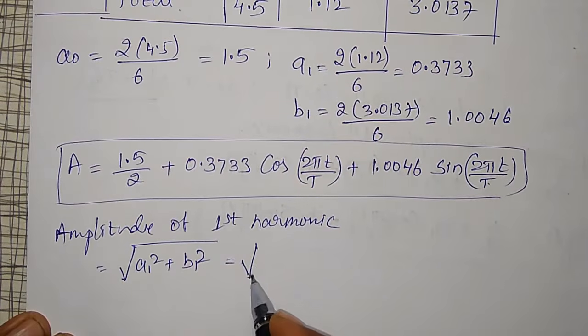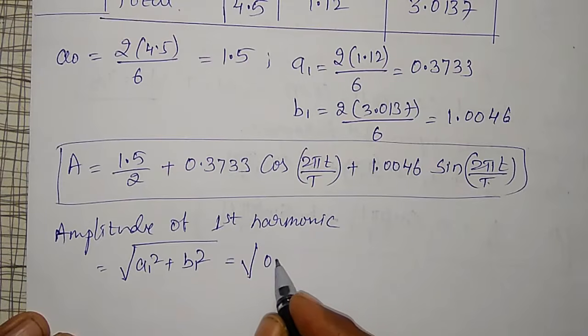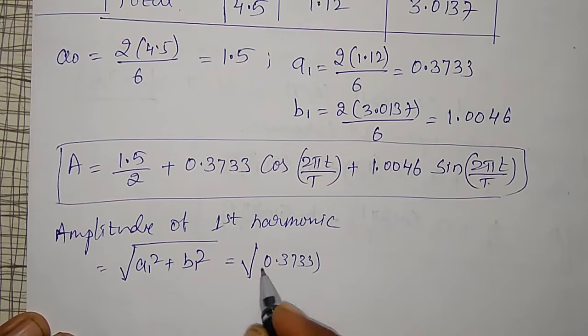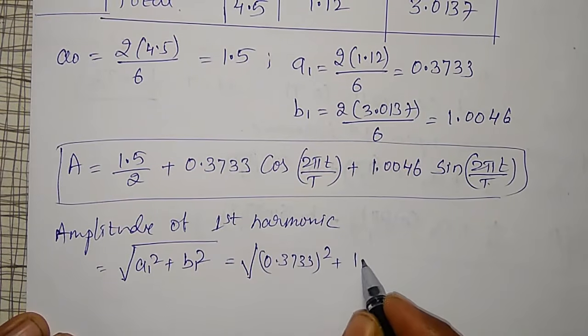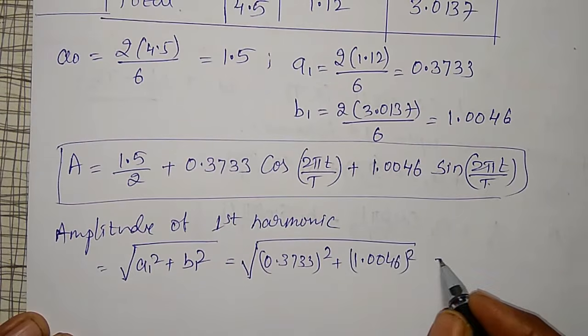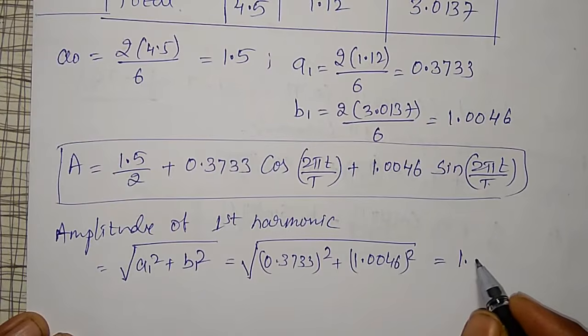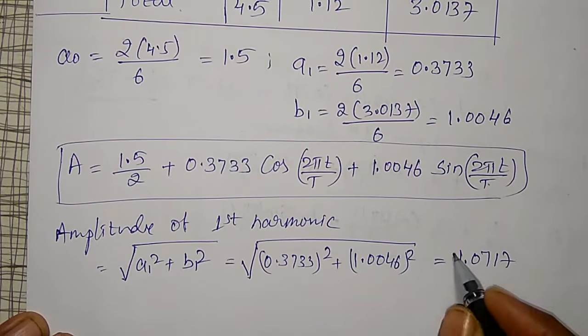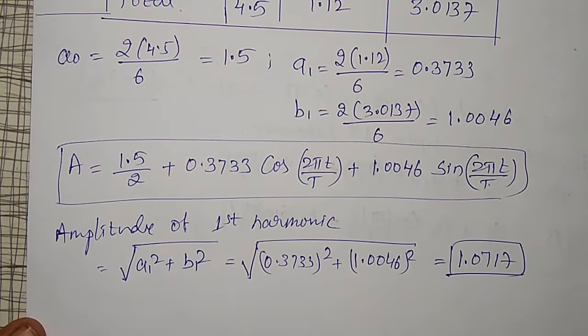If you use that, a1 value is 0.3733 squared plus 1.0046 squared, and its square root comes out to be 1.0717. This is the amplitude of the first harmonic.